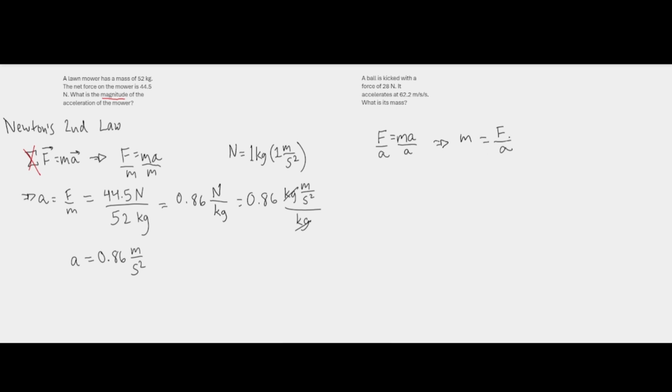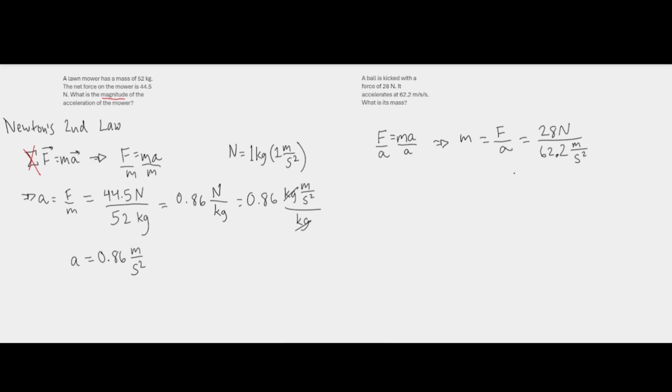And I plug in my values now, so I have my force is equal to 28 newtons, and my acceleration is 62.2 meters per second squared. Now I need to resolve these units and take care of this division here.